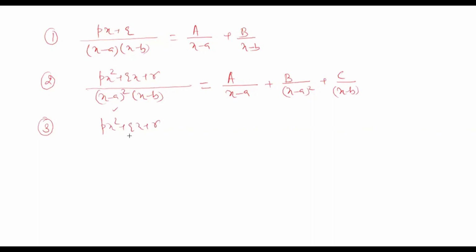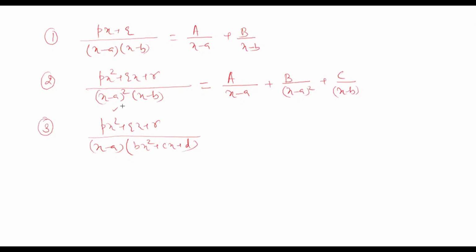Here in the denominator it is x minus a, and in the denominator it is x square plus qx plus r, right? So x minus a, and then the denominator would be something like, say, px square plus cx plus d. Now, still, what we have here is a proper rational function.